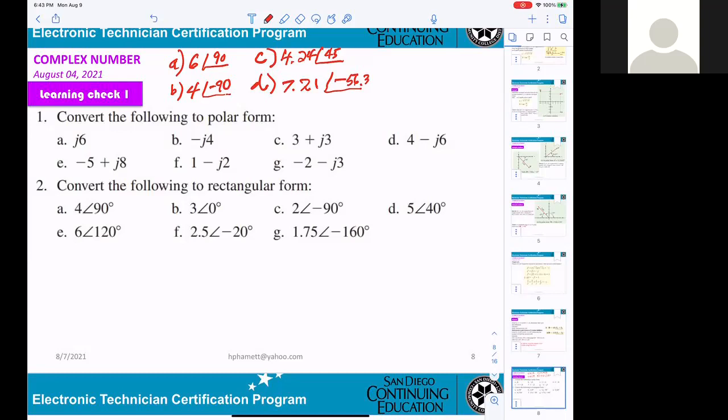I got the same, but it has to be a negative. 56.3, that's the correct answer. I forgot the minus 90. Okay. A, B, C, D. E.